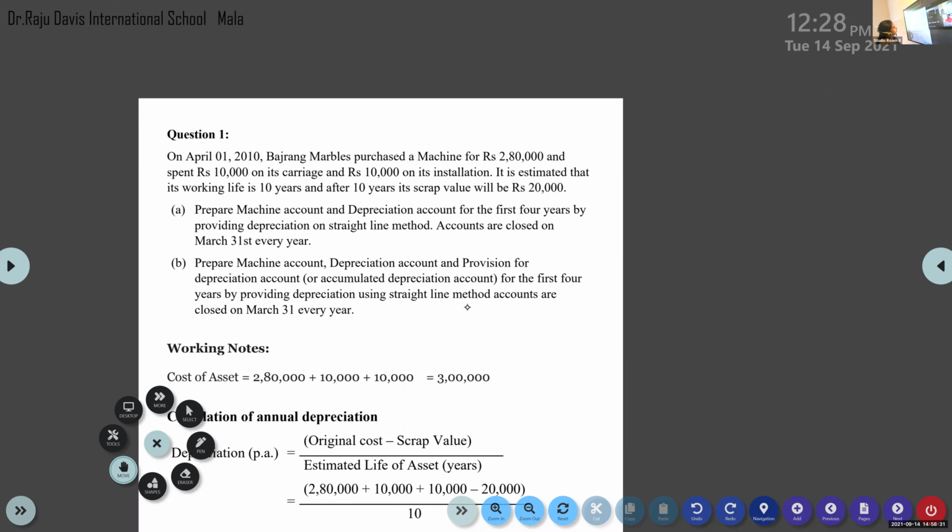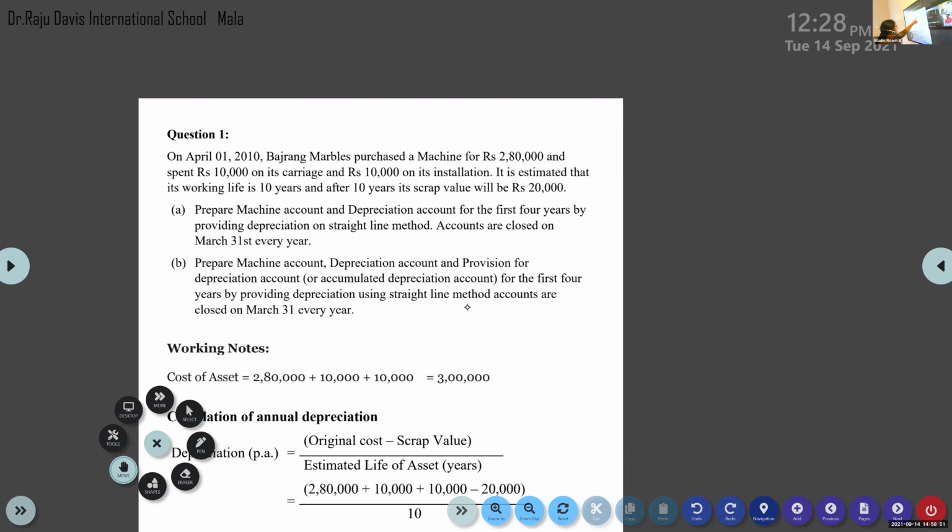So the purchase price, the price of the machinery, is 2,80,000, but they have spent an additional 10,000 on carriage and 10,000 on installation.